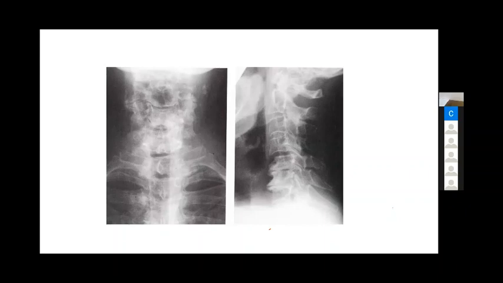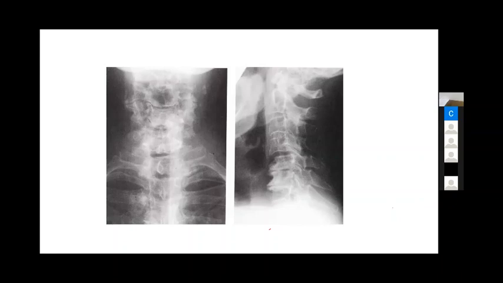On the lateral view, we can see a loss of the cervical lordosis, with straightening of the cervical spine, and there is significant disc space narrowing at C4, C5, C5, C6, and there are spondylotic changes.